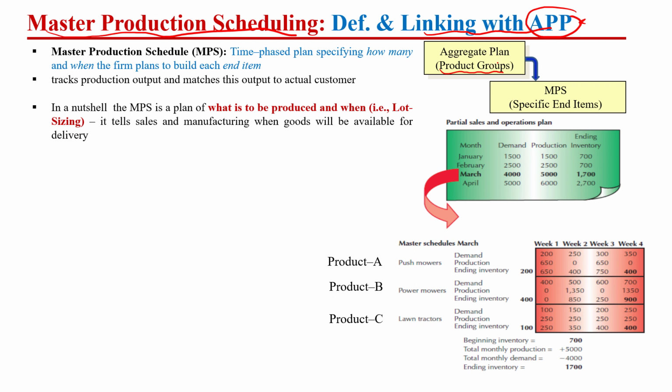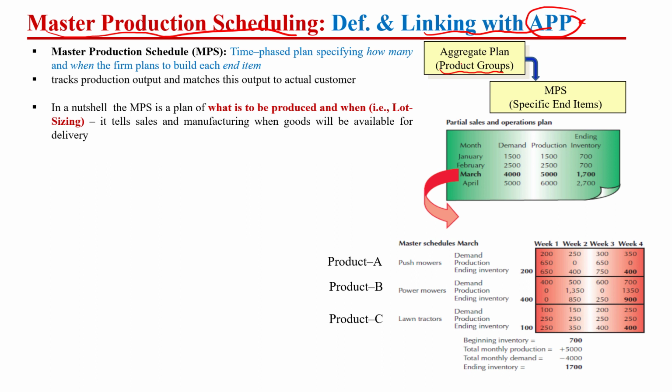If a particular company is going to plan how much washing machine they should produce in the month of January, how much they should produce in the month of February, and so on, we should also know what capacity we have available in those particular months.